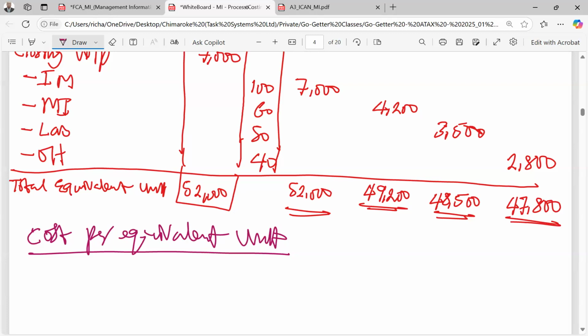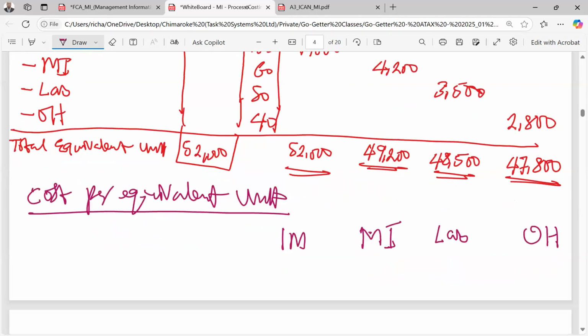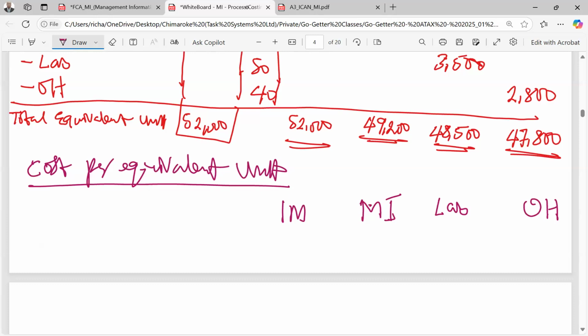This is going to be overhead, this is going to be labor, this is going to be material introduced, and this is input material. We're going to be bringing in the current cost.